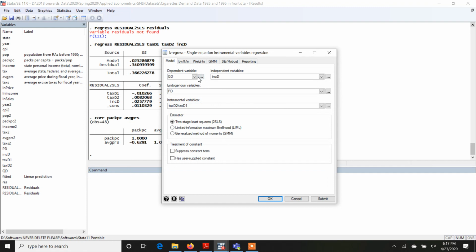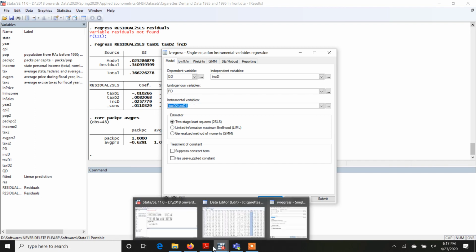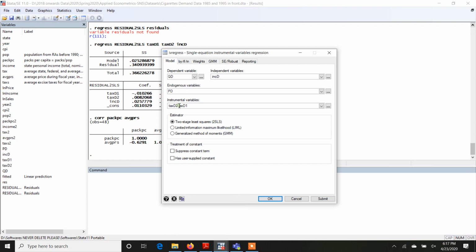The dependent variable is QD, the independent variable is income D, and the endogenous variable is PD. So this is quantity demanded of cigarettes, price charged for cigarettes, and income, right? And the instrumental variable, as I said, first I have to introduce only tax D1.